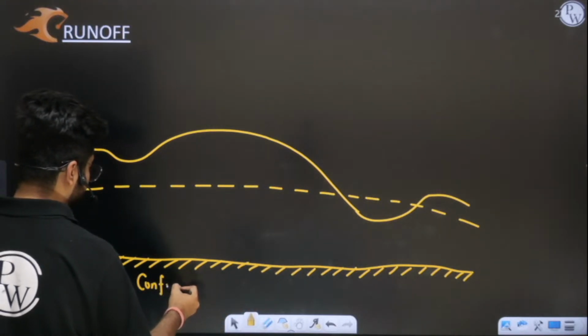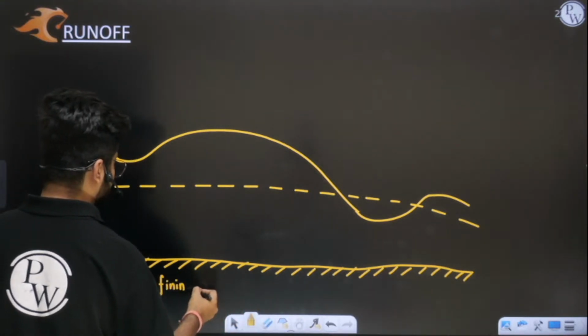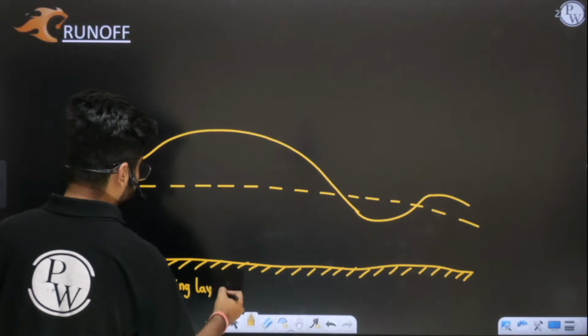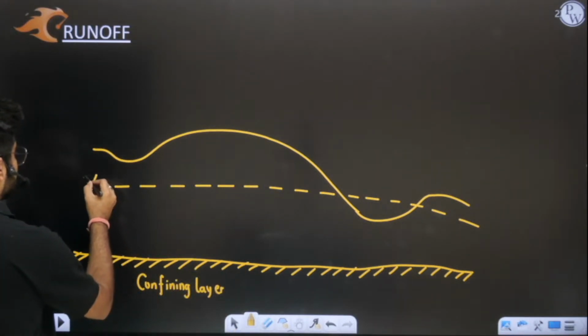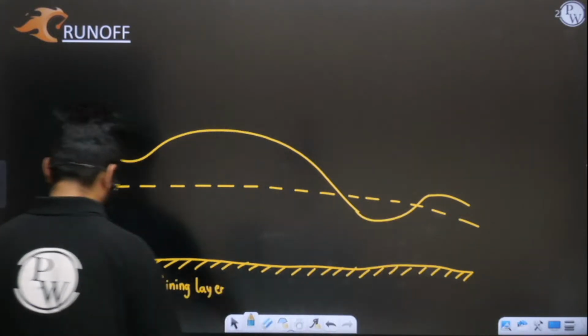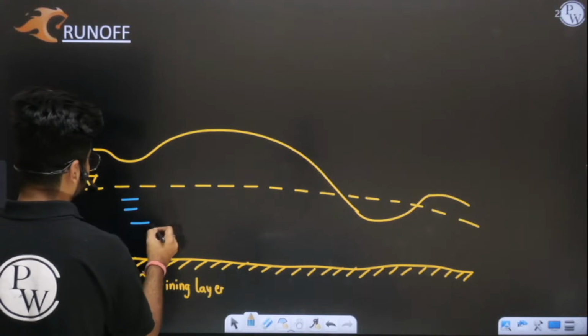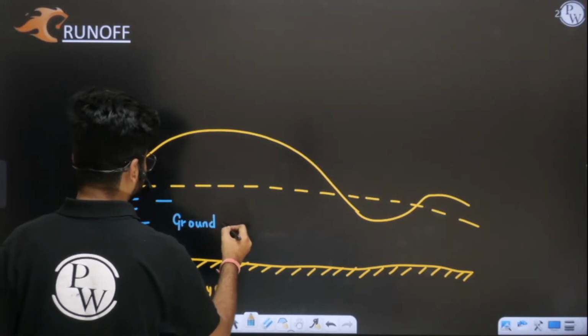So let us say this is the confining layer below which no water will go, and this indicates your groundwater table. Let us use blue ink here, since blue denotes the color of water.